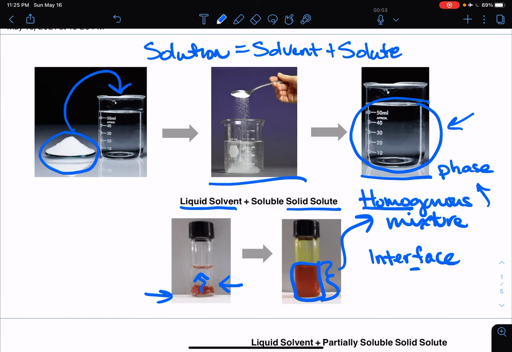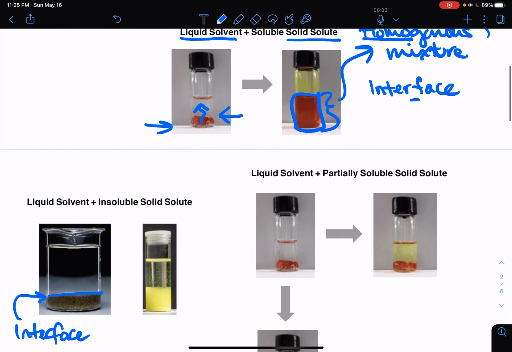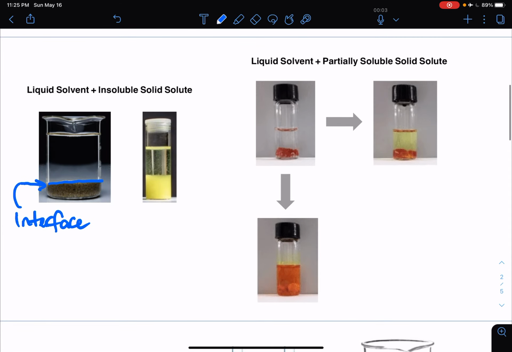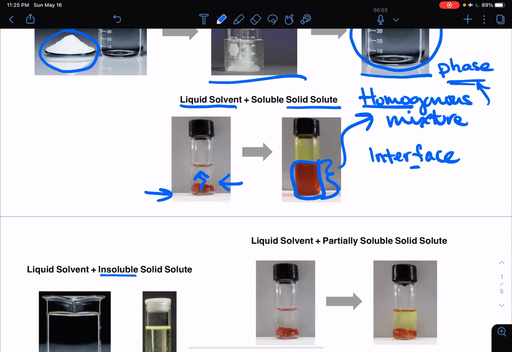All right, moving on to what happens if your solute does not dissolve, if it is insoluble. Well, we already mentioned it's going to look something like this right here, and it's going to have an interface. So you're going to have more than one phase, the phase that we mentioned back here.